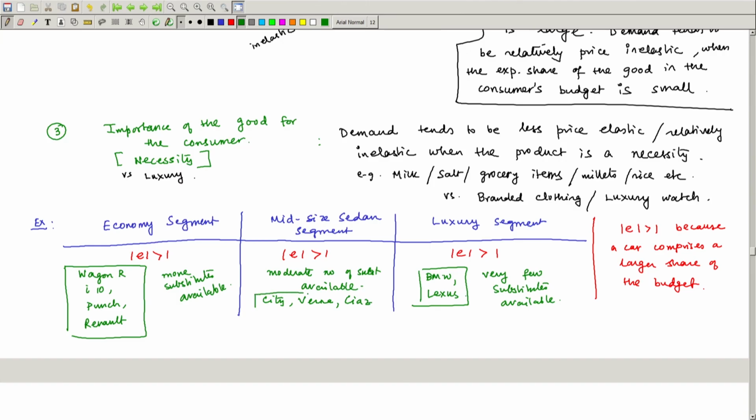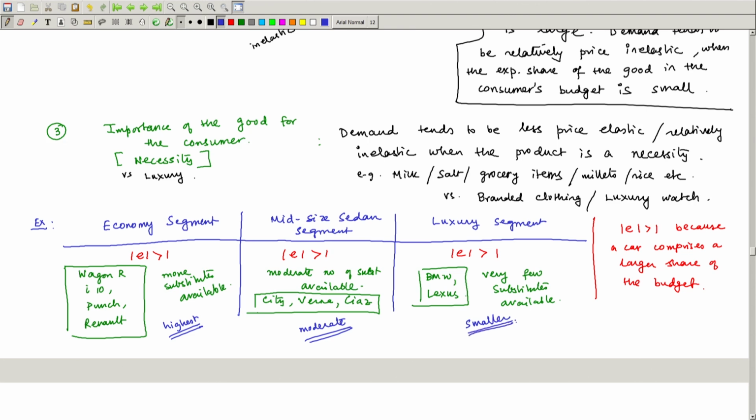So, I am listing a few models. So, between the 3, the highest value of E is going to be for this particular segment, a number bigger than 1, a more moderate value here, and a relatively smaller value here.